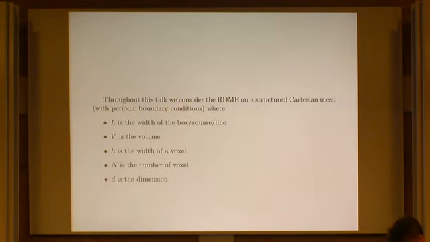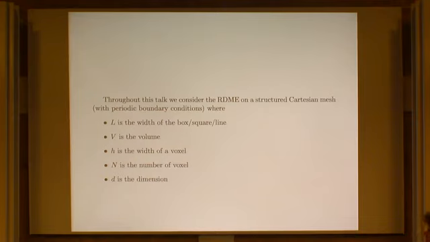So first, just some notation. Throughout this talk, I will consider only structured Cartesian meshes, specifically with periodic boundary conditions, but that's not a super important assumption. You can get away with reflective boundary conditions too, but it's a little nicer with periodic boundary conditions.